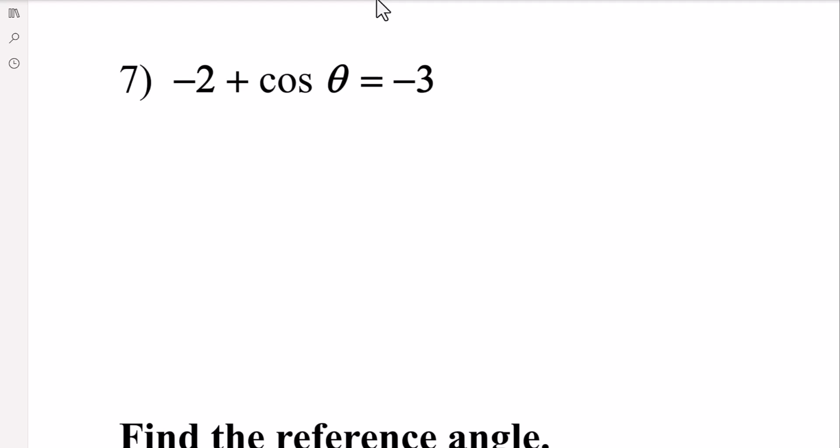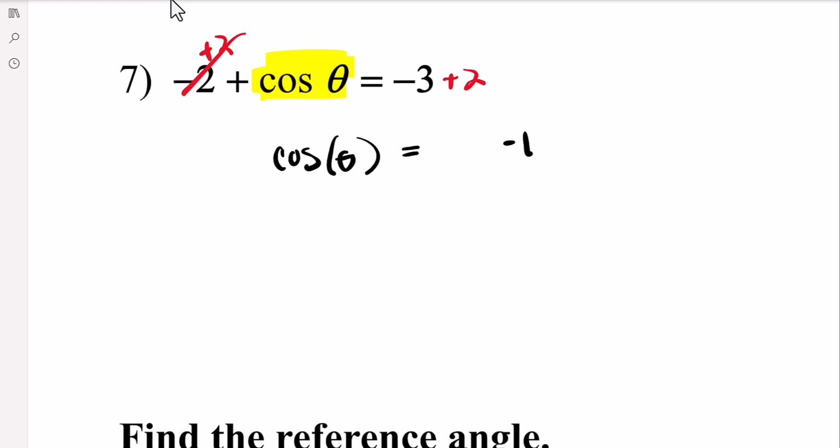Now this one's an interesting case. We want to get the cosine by itself. So we're going to add 3 to both sides. Oh, sorry, I went the wrong direction. I need to pay attention to what I'm doing. We need to get the cosine. The cosine's on the left side. So add 2 to both sides. So cosine theta, negative 3 plus 2 is negative 1. When you're looking at the unit circle, there's only one place where the x value is negative 1.